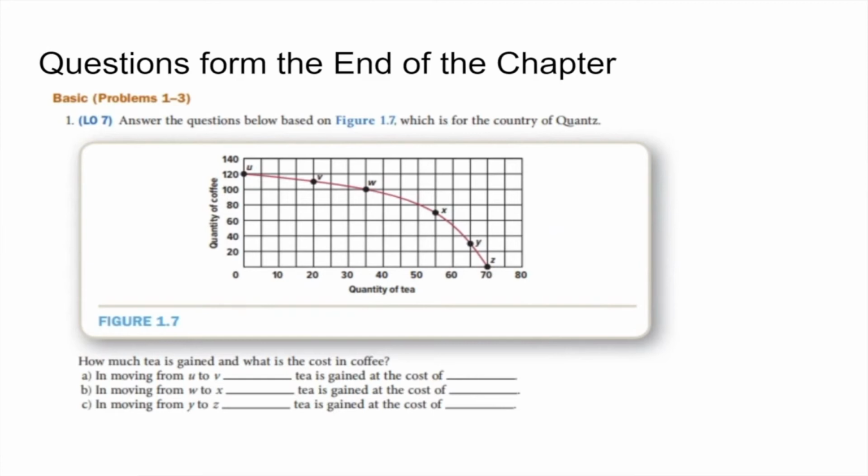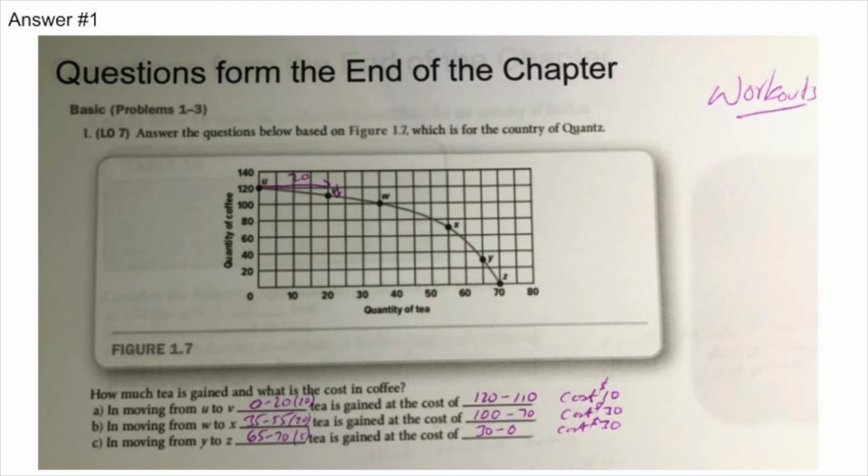So if we look at this one, in moving from U to V, okay, so U to V is really right here to right here. In moving from U to V, blank tea is gained at a cost of blank coffee. So let's see. So W to X now is the same sort of thing. So here we are, W to X. First, we'll look at tea.